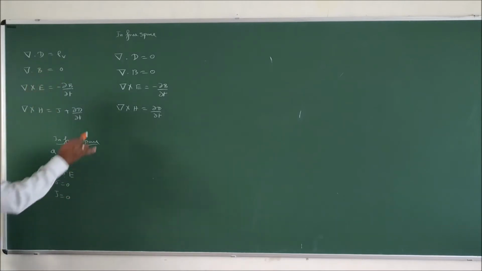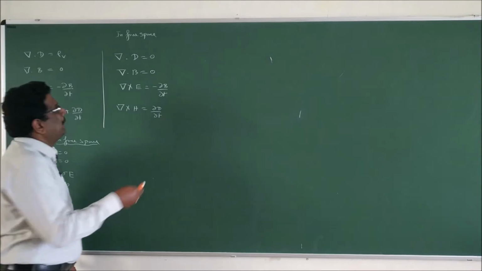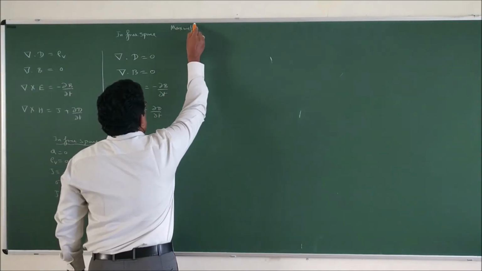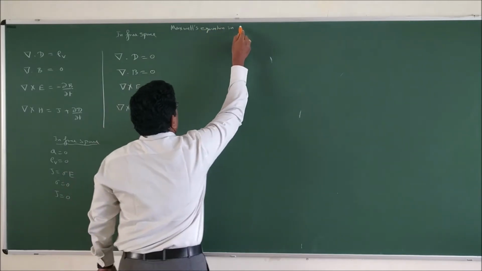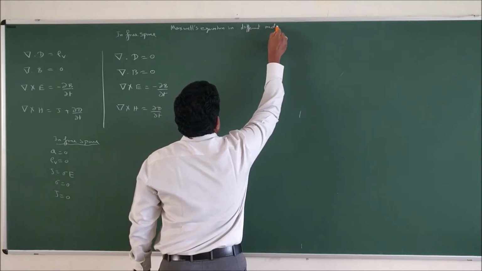It becomes 0. So this is the modified Maxwell's equations only for free space. I would like to say, Maxwell's equations in different media. Better we can make that the title: Maxwell's equations in different media.